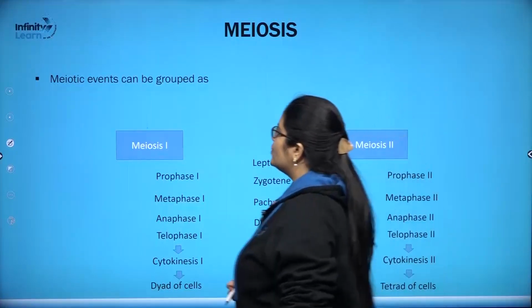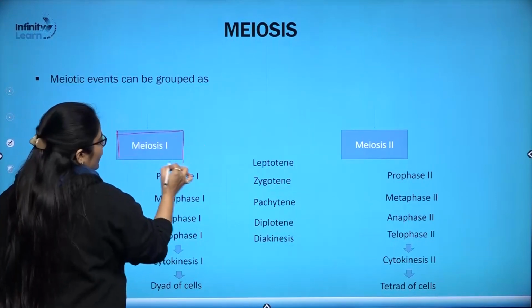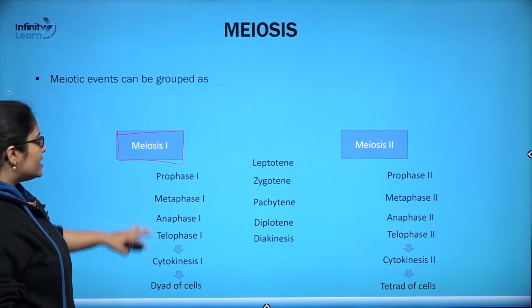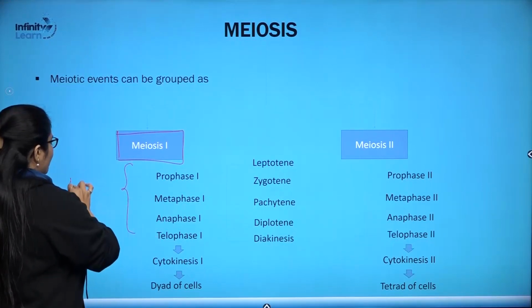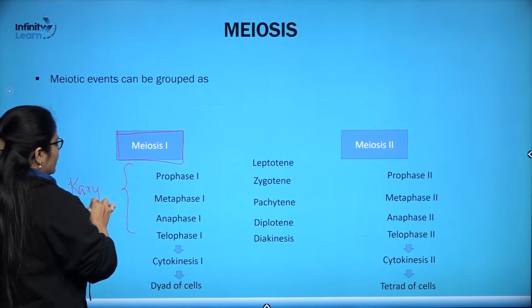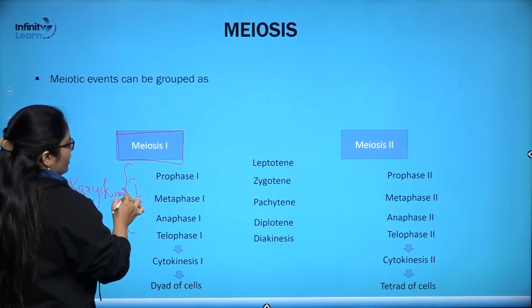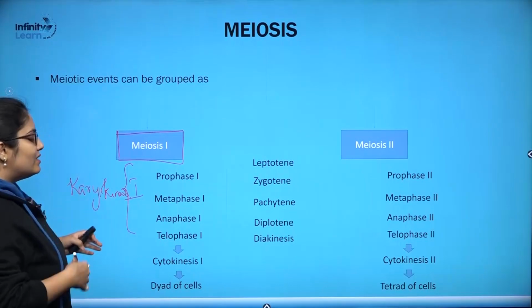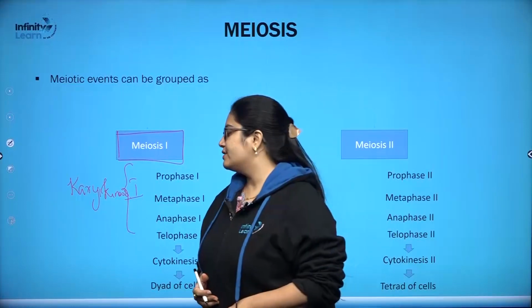So this is your meiosis 1, and these are the stages under meiosis 1. All these stages are karyokinesis 1. Meiosis 1 will start after interphase, after DNA has replicated in the S phase.